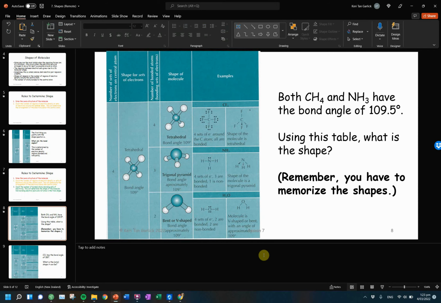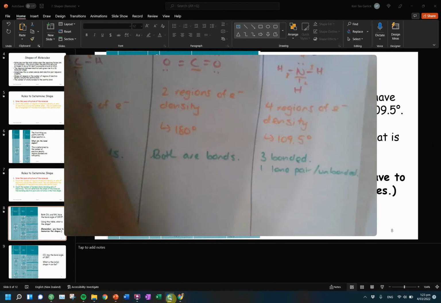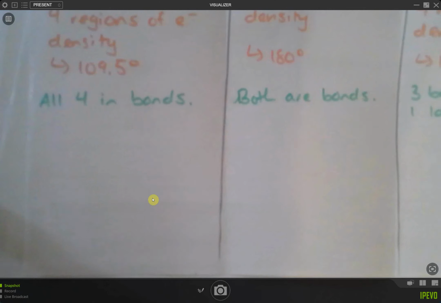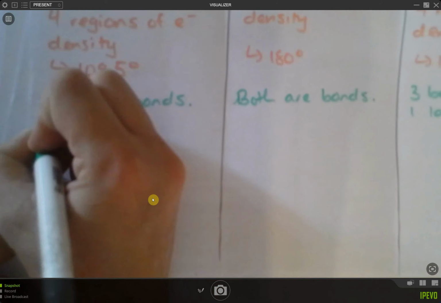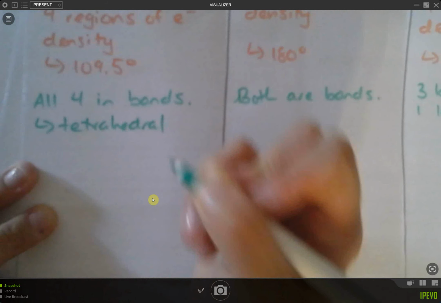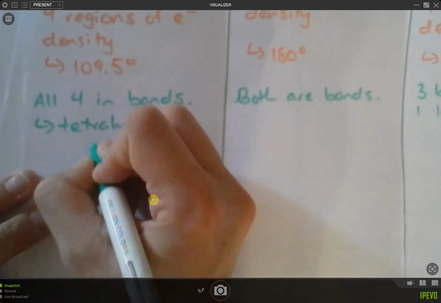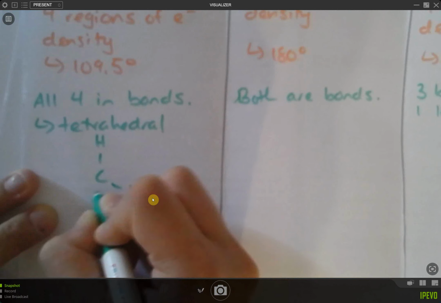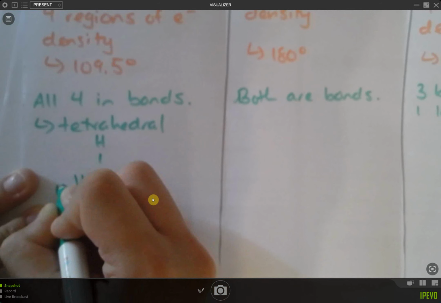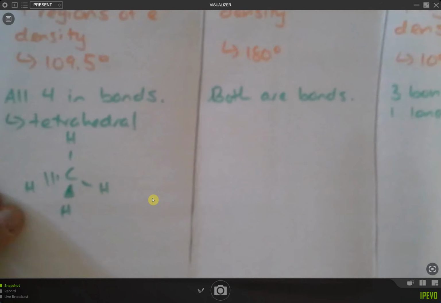So let's write down those shapes. So this one here is tetrahedral. Sometimes they ask you to draw the shape, so do be mindful that you know how to draw it in the 3 dimensions. We'll skip carbon dioxide for now.